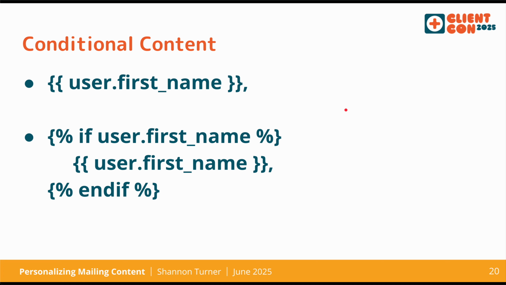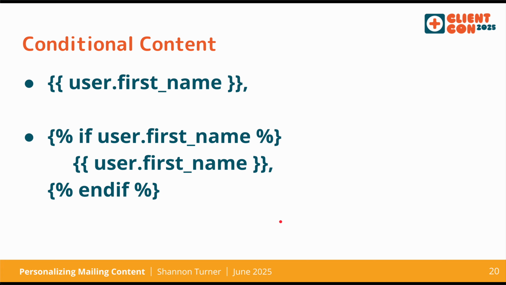So we're already familiar with this first option for adding a user's name with a snippet. This second bullet point is roughly equivalent, but it's definitely a bit more verbose. So let's read this as, if the user's first name is not blank, let's show their first name.